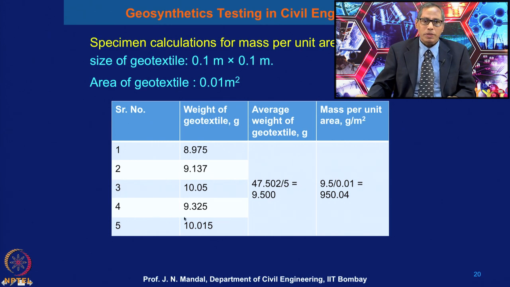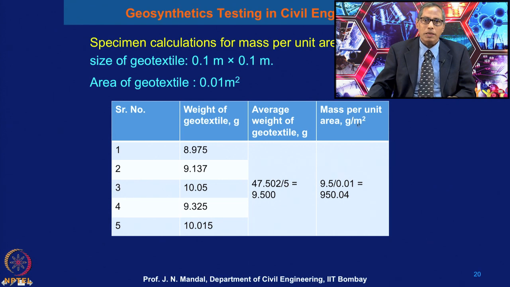Fourth test gives 9.325 gram, and fifth test 10.015 gram. So, you take the average weight of the geotextile material. The total is about 47.502, because a total of 5 tests have been performed with 5 geosynthetic specimens, so the average comes to 9.500 gram.